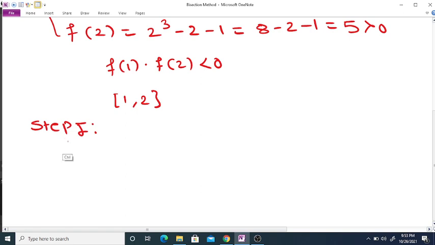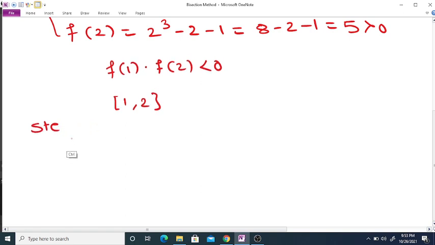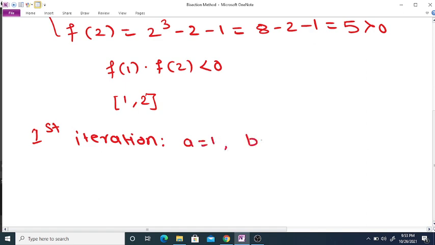So, instead of step first, you can also say first iteration. Now here a is equal to 1, b is equal to 2, f of a is equal to minus 1, and f of b, that is f of 2, is equal to 5.